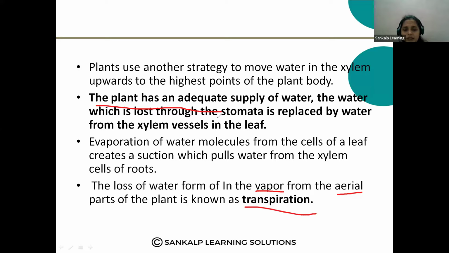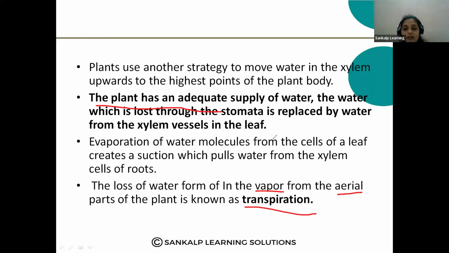If there is water scarcity in the environment, then this process will not take place; transpiration will be very less. But when it has an adequate supply of water, the water is lost through the stomata, and this lost water is replaced by the xylem vessels.